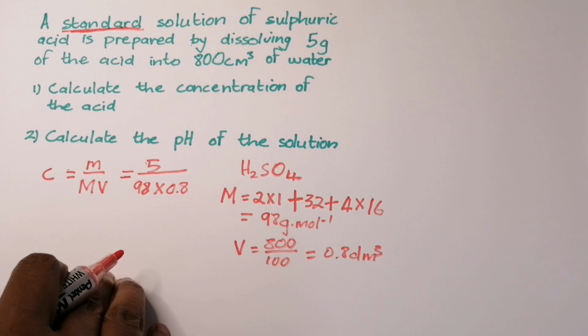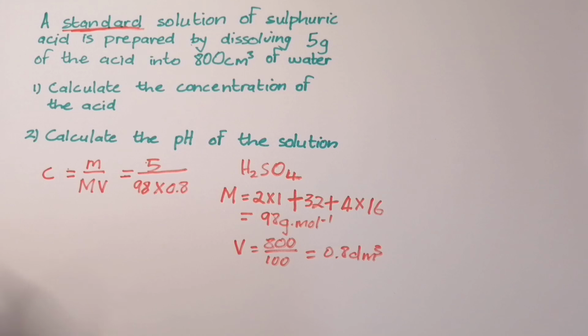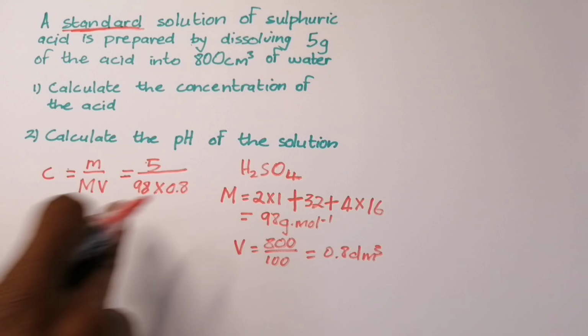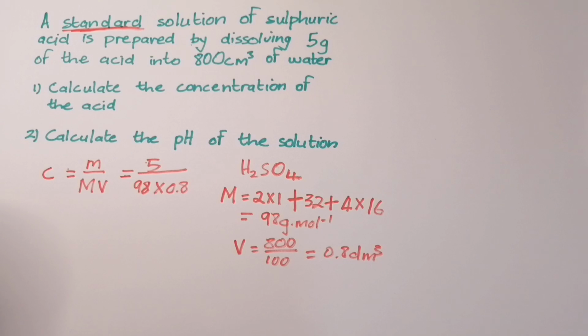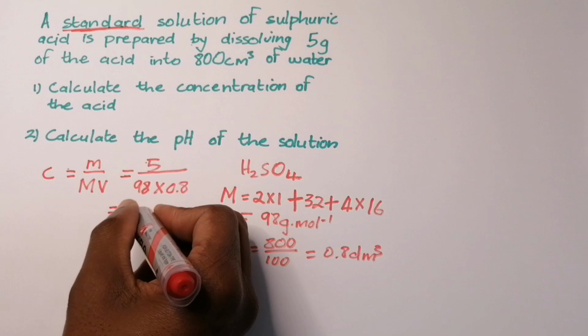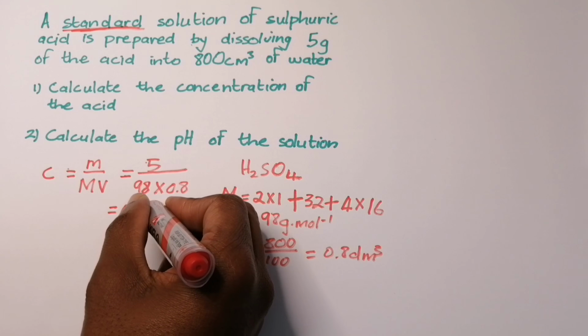So then let's just do a quick calculation. I'm going to say 5 divided by 98 multiplied by 0.98. I get a value of 0.06.